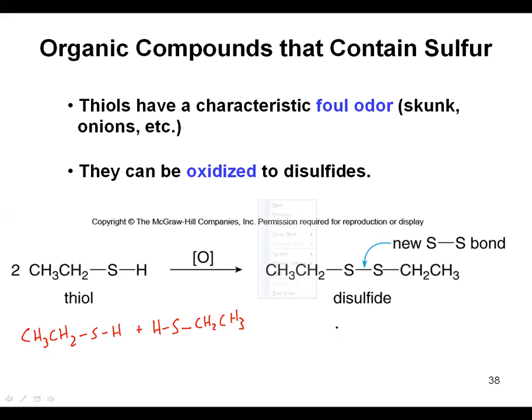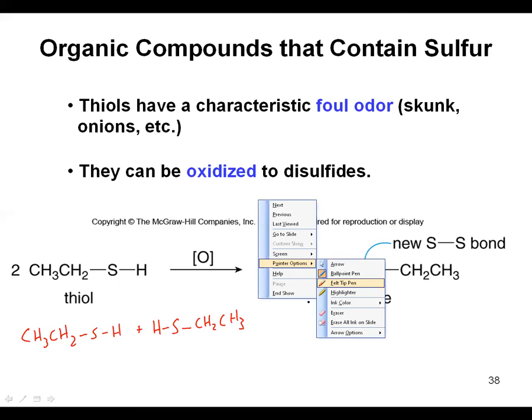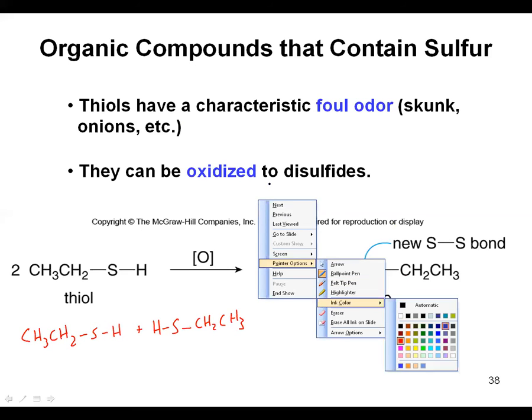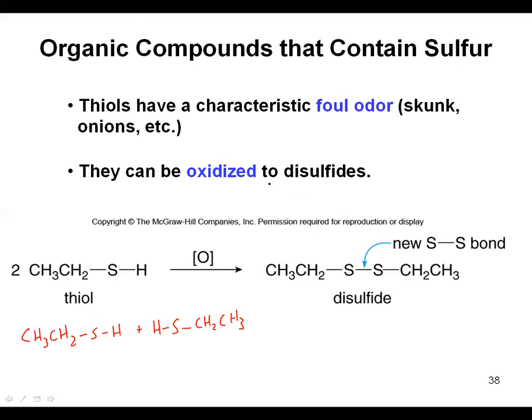This oxidation reaction is the exact same type of oxidation reaction we talked about with our alcohols. It is going to be the loss of H2, and the H2 comes from a hydrogen from one and the hydrogen from the other. So these two hydrogens are going to come off and produce H2.